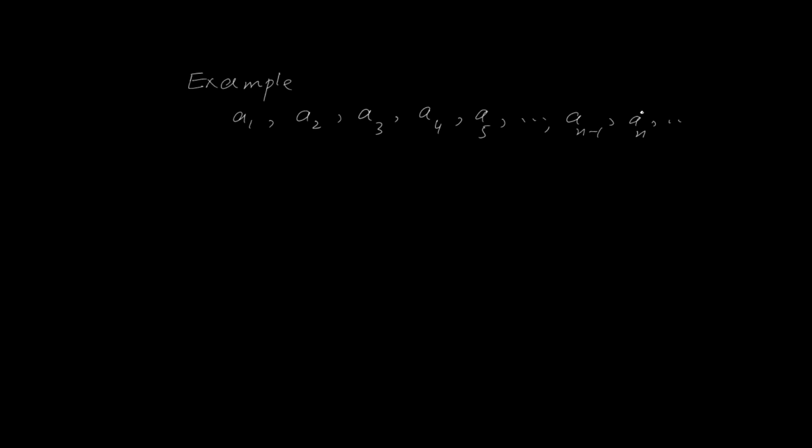This is the general term, and what is before the general term? This one. So an and its preceding term is an minus 1. Now a2 is obtained from a1 by multiplying this a1 with r. a3 is obtained by multiplying a2 with r.